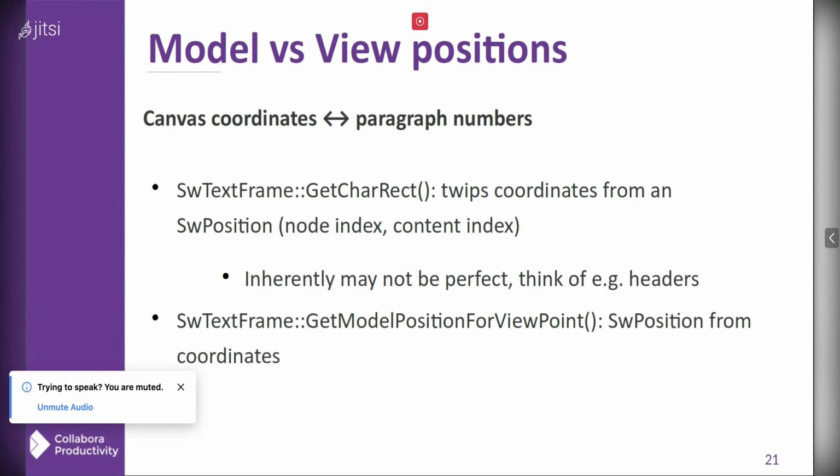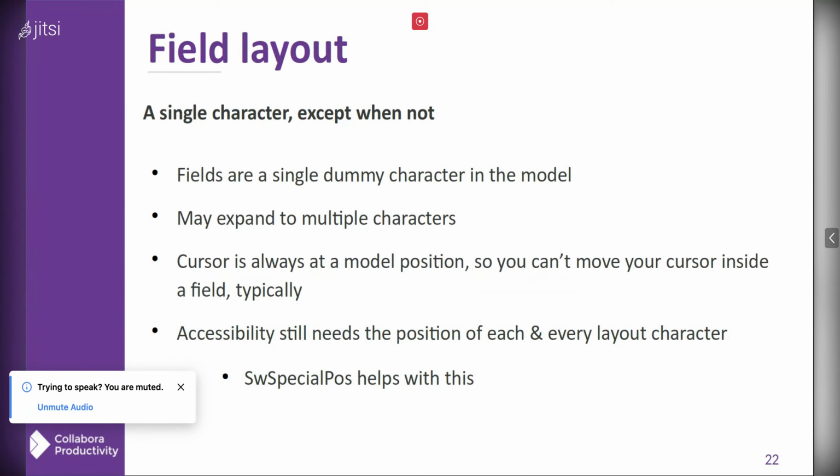Let's talk a little bit about fields. That's a bit special because fields in the document model are just one dummy character with various properties. And let's say you have a page number. I'm on slide 22. So in case this would be in Writer on page 22, then this would be 2 characters. So this can easily expand to multiple characters at a layout level.